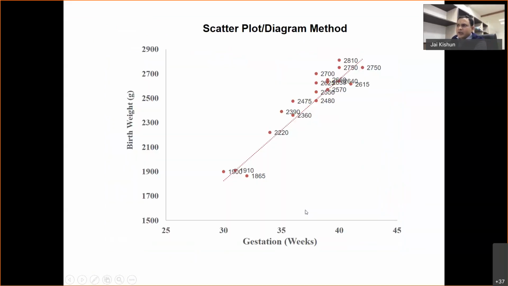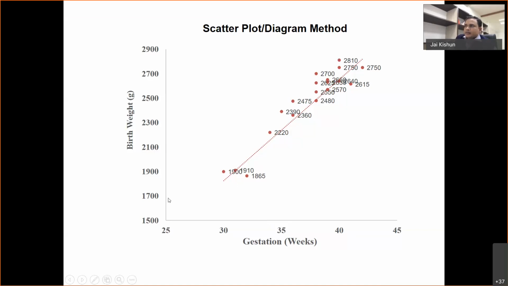When we plot these two variables, birth weight and gestation period, we find that as the gestation week is increasing, the birth weight is also increasing. You can see here most of the points, meaning the weights corresponding to the gestation period, are coming around this line.